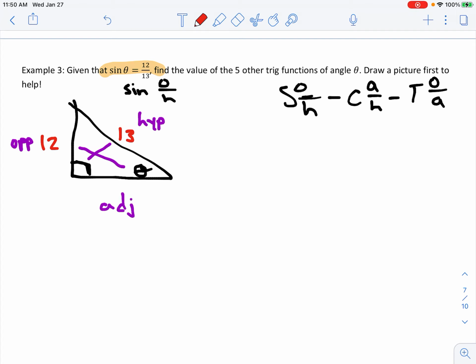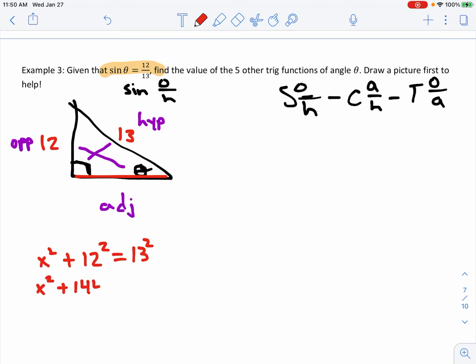You'll notice I'm missing this bottom side, so I'm going to do some side work first. I'm going to use the Pythagorean theorem to find that missing side. I know that 13 is the c, so I'm going to do x squared for that missing side plus 12 squared, my other leg, is equal to 13 squared, the hypotenuse squared.